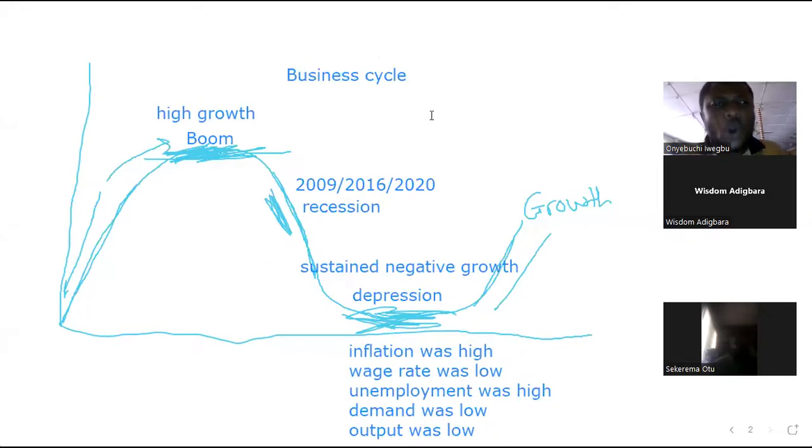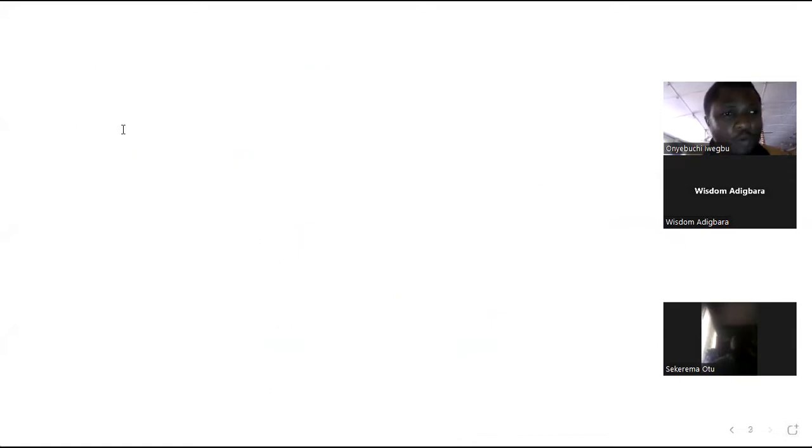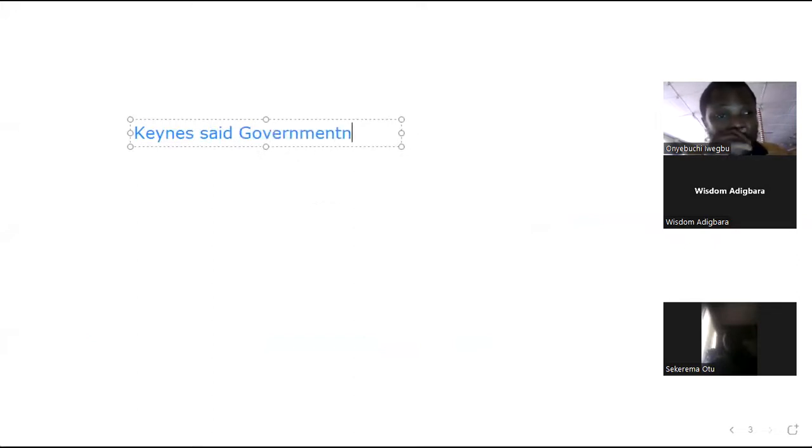Keynes said, look at a powerful quote. That was what Keynes did. A powerful quote. Keynes said, government has a role to play. Very profound. Government has a role to what? To play. That was what Keynes said.